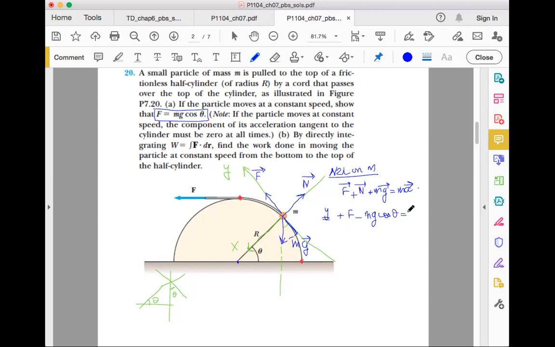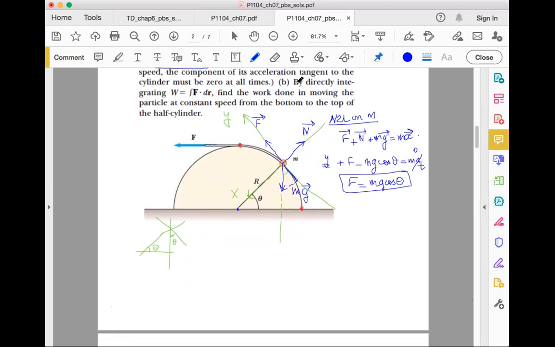Because actually along the y-axis, we have the mass times the tangential acceleration. And tangential acceleration is simply 0 because the mass is moving with a constant speed. So we end up with F equals m times g times cosine theta. And this is what we need to show. Right? So that is the first question.